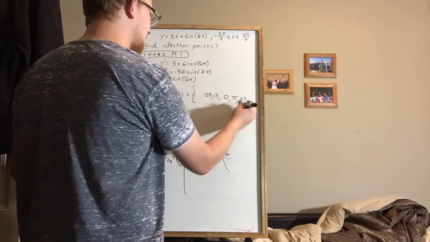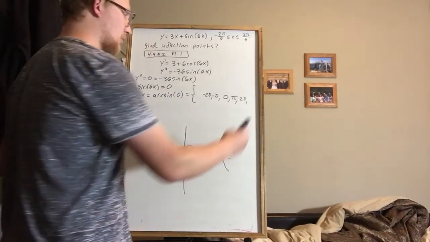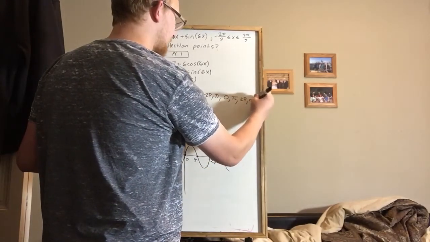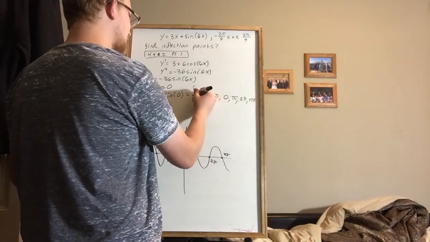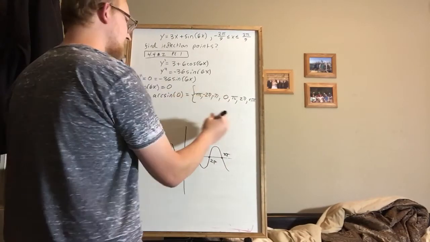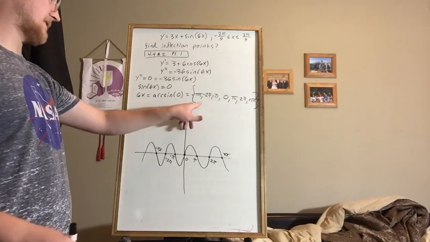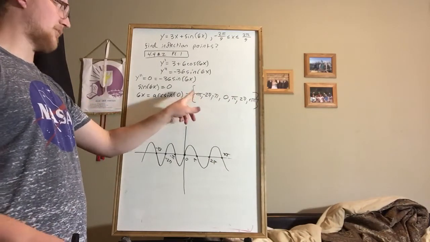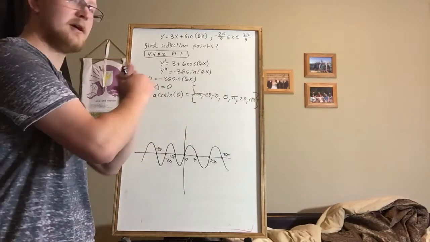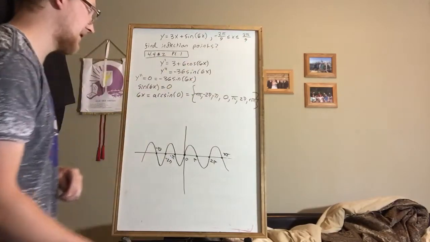If we follow the pattern, there's one at n pi and one at minus n pi. So here's our set of numbers. We could choose 3 and end up with negative 3 pi and 3 pi, all the way up to infinity because it's a periodic function.